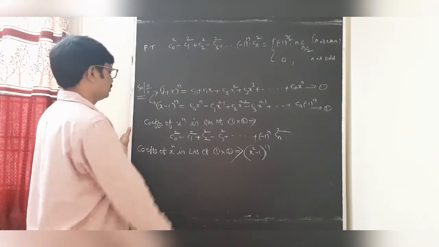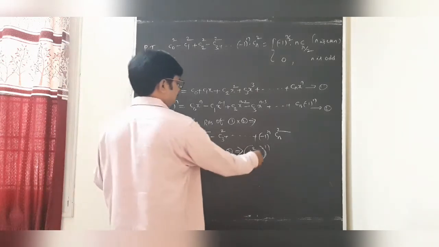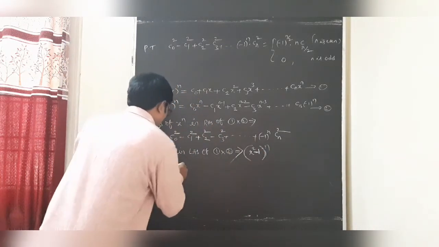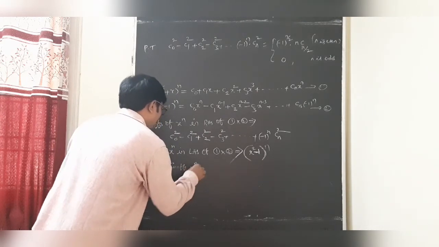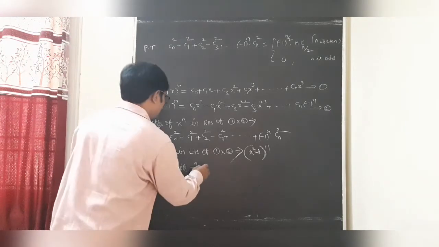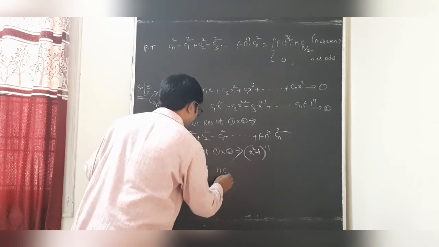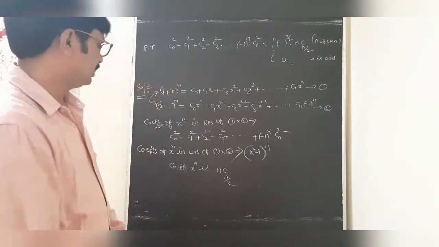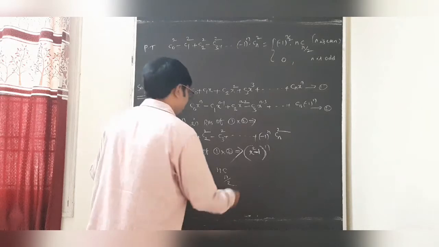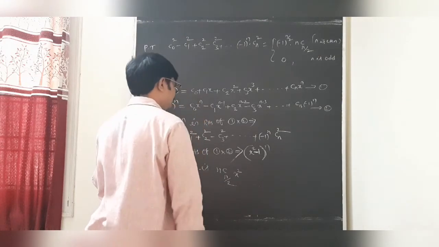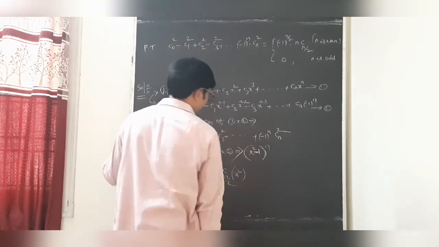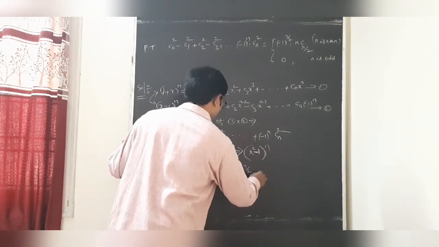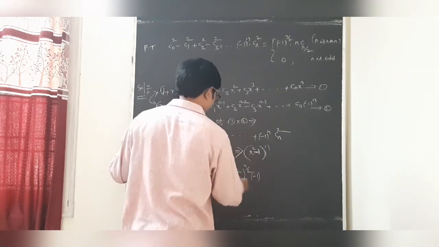So when we are taking the x power n coefficient, undoubtedly the coefficient of x power n is, when we are taking NC n by 2, the NC n by 2 is x square, undoubtedly students, x square whole power n minus n by 2 is the n by 2, minus whole power n by 2.